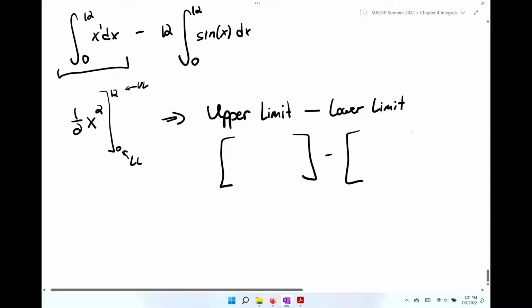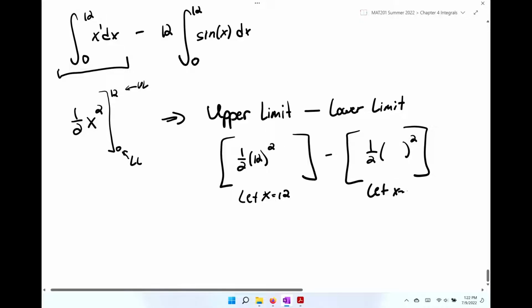I'm a big fan of putting things in parentheses first and then making my substitutions. So in this first upper limit, we're going to let x equal 12. So I put a 12 here. And then in the second one, I let x equal, oh sorry, not 12. In the second one, we're going to let x equal 0. So put a 0 there.